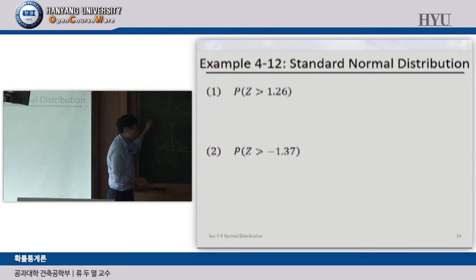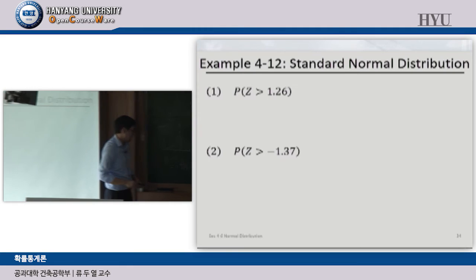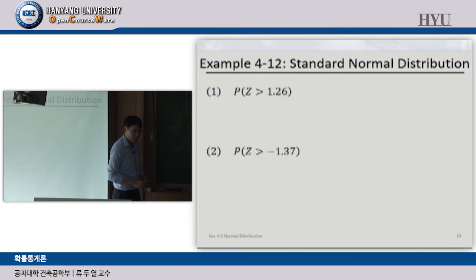So the probability of Z when Z is larger than minus 1.37 should be equal to the probability of Z when Z is smaller than or equal to 1.37. So you can use this table again, and the answer will be 0.914657. Okay?